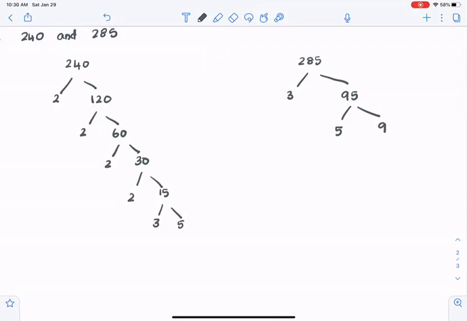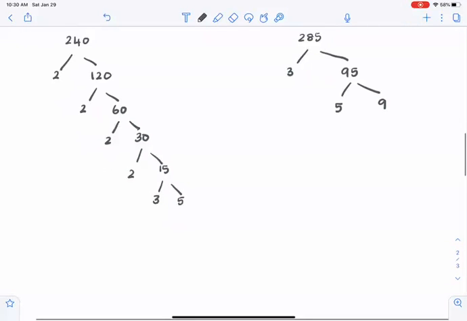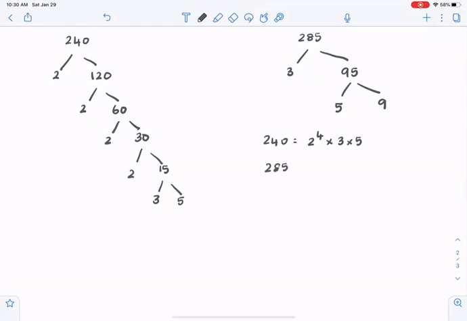So we end up having the factors as 240 is 2 raised to 4 times 3 times 5. 285 is 3 times 5 times, oh, I meant to write 19, not 9. So 19.